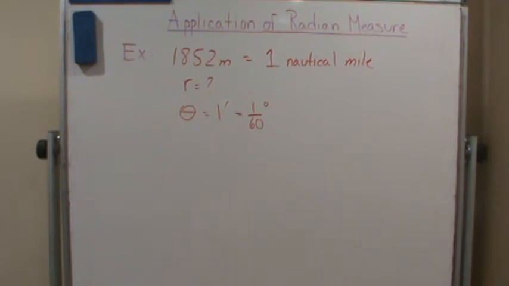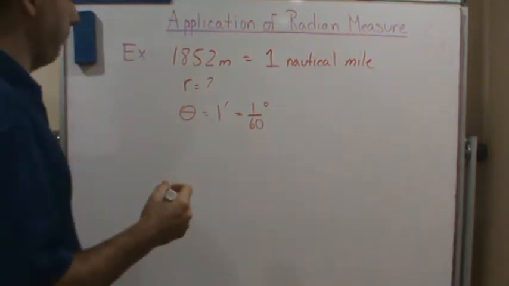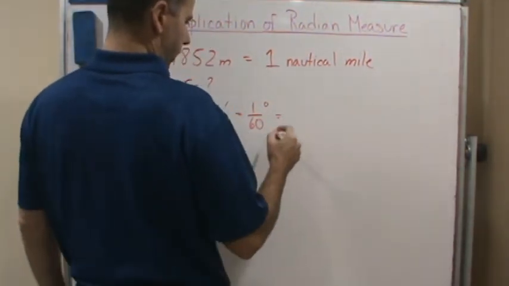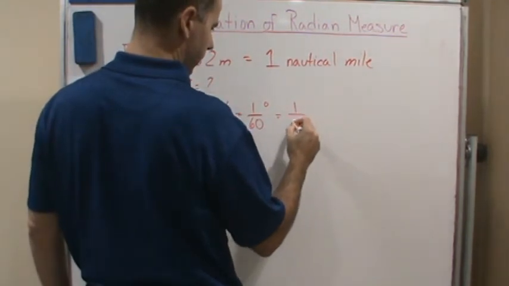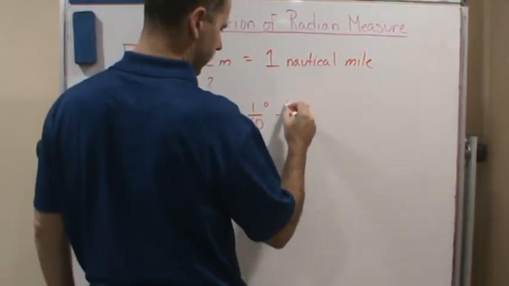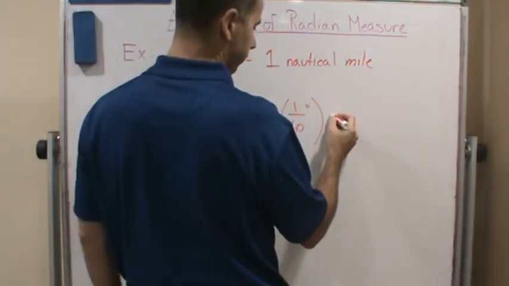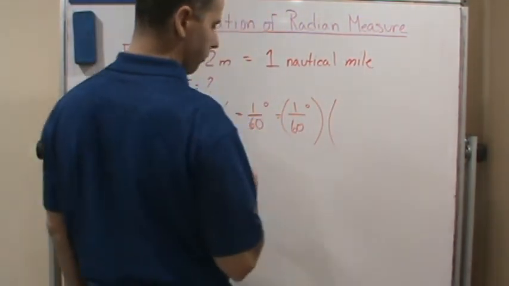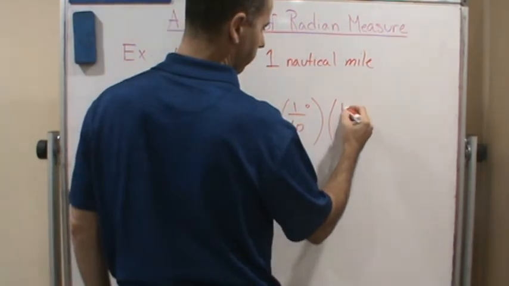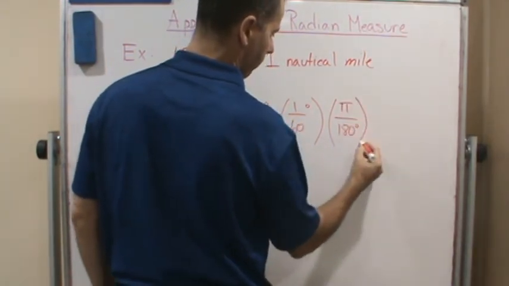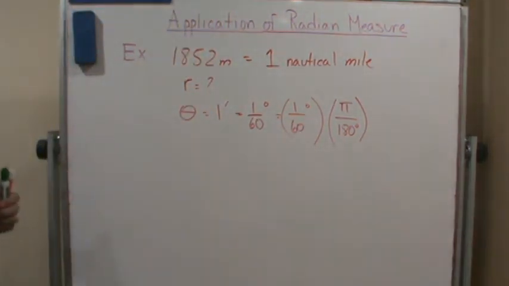We want to convert this into radians. So that's going to be 1/60th of a degree times pi over 180 degrees.